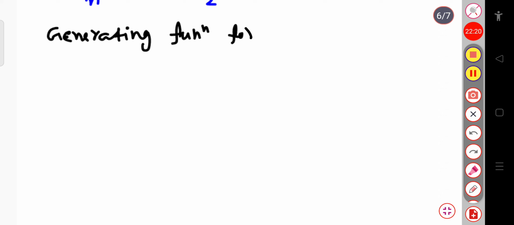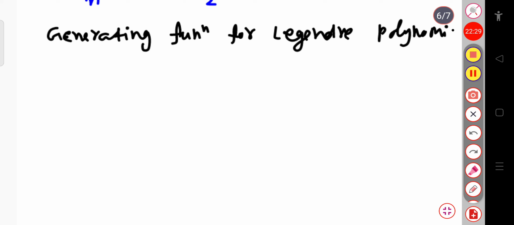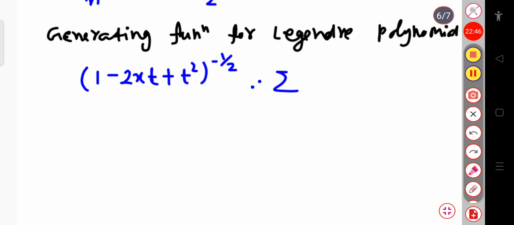The generating function for the Legendre polynomial can be written as 1 minus 2xt plus t square power minus half, and it is also equal to the sum over n equal to 0 to infinity of Pn of x into t power n.